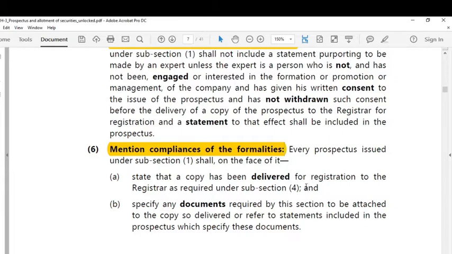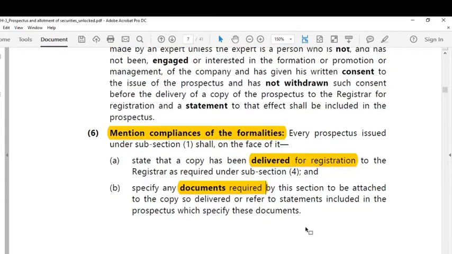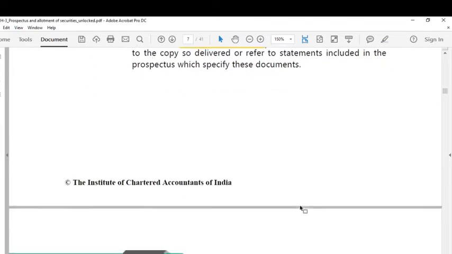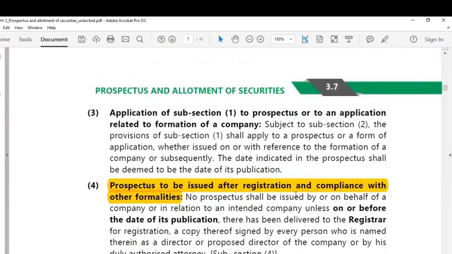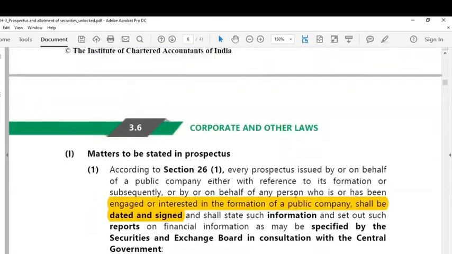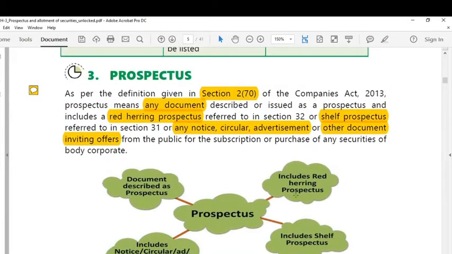The company has to deliver the prospectus for registration within the stipulated time, and also file the required documents prescribed under the section with the registrar before publishing the prospectus in the newspaper. These are some of the related concepts while issuing a prospectus.